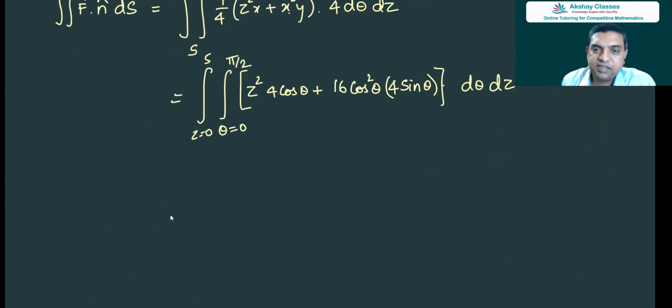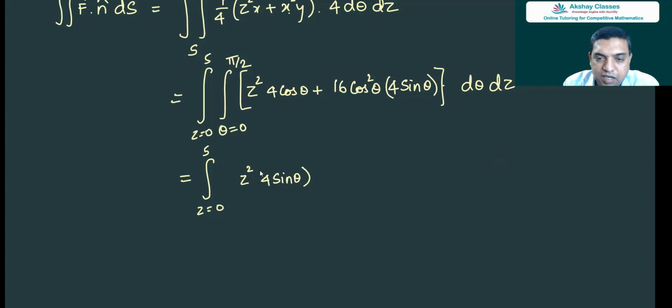So now let us integrate. Leaving z, let us integrate, treating z as constant. The integral of cos theta is sine theta. So 4 sine theta, applying the limits from 0 to pi by 2, plus 16 into 4 is 64. Now, the derivative of cos theta is minus sine theta.